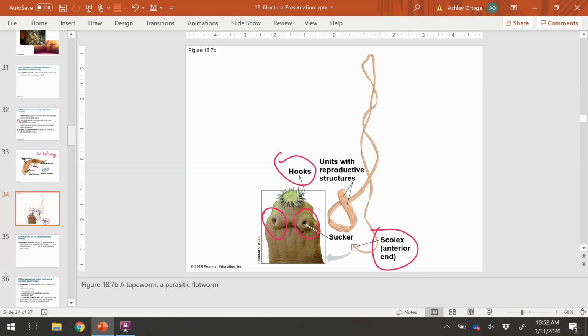The little units that break off are ripened eggs, ready to grow a new tapeworm essentially. And so the longer it is, the more offspring it is going to eventually create.